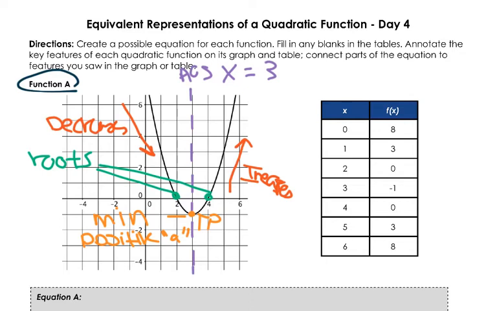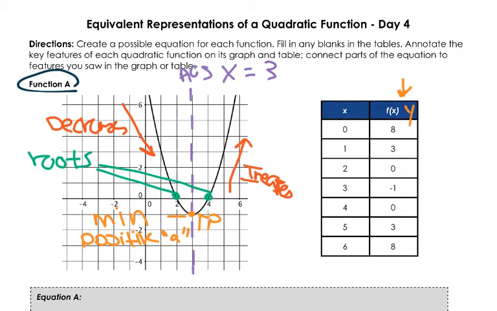And looking at the table, I would be looking at pretty much focusing on the f of x or y and looking to see if I could spot the pattern.